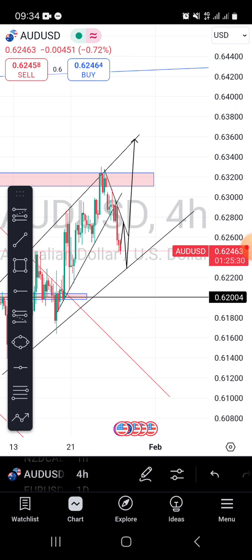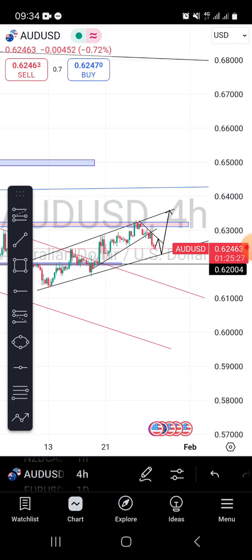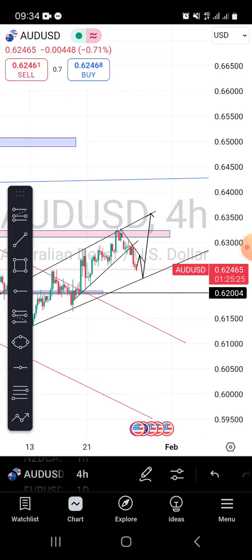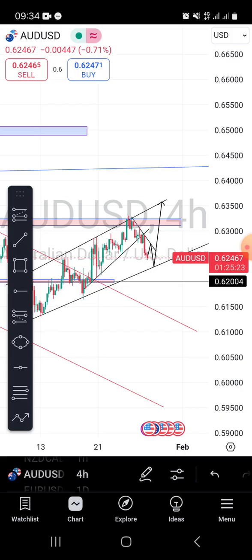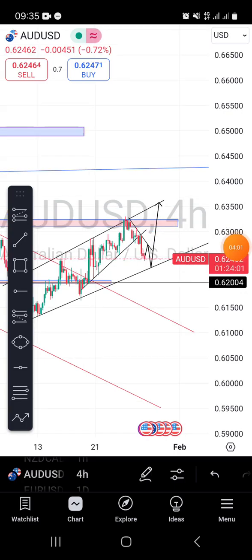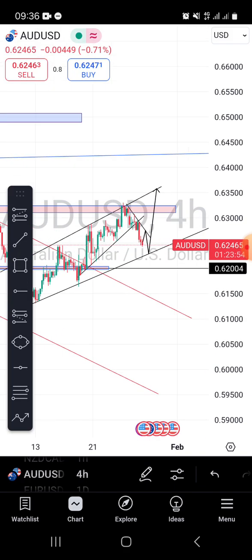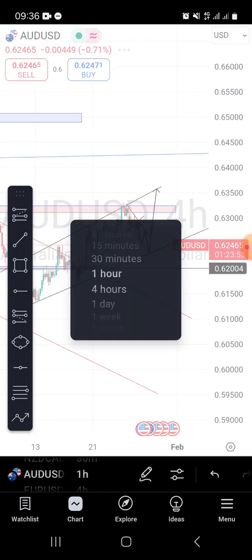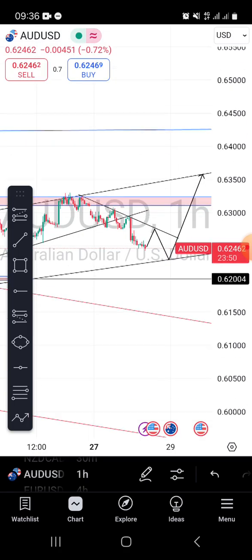I hope this is clear enough. So something like this. This is our expectation on AUD USD.